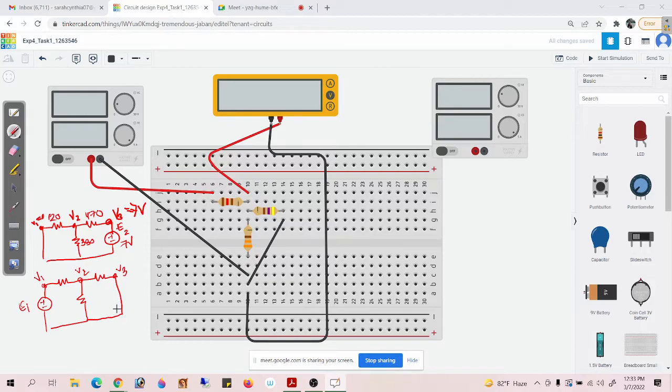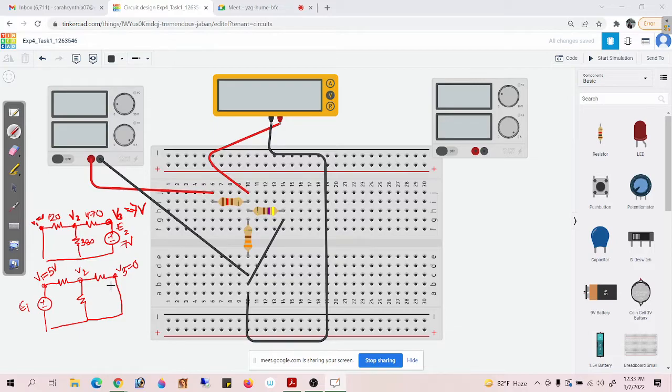We can see from the schematic, it should be 0. And like in the first circuit, V1 is directly connected to E1, so we can write it as E1, that is 5 volt. Similarly, we have to just measure V2 for this particular circuit.